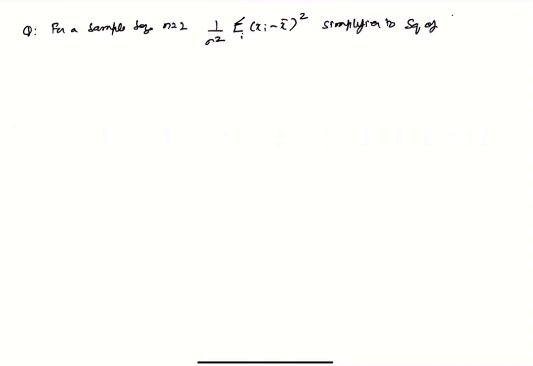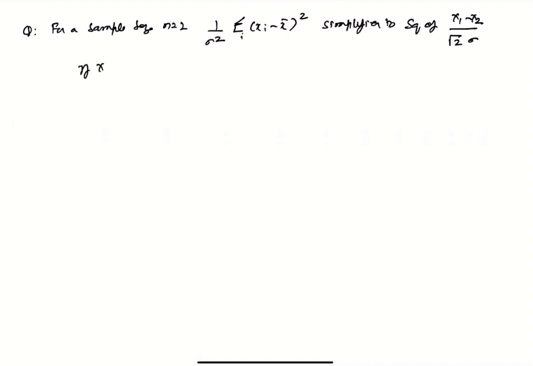For a sample size of n equal to 2, the quantity 1 upon sigma square times the sum of (xi minus x bar) square simplifies to the square of (x1 minus x2) upon under root 2 sigma.